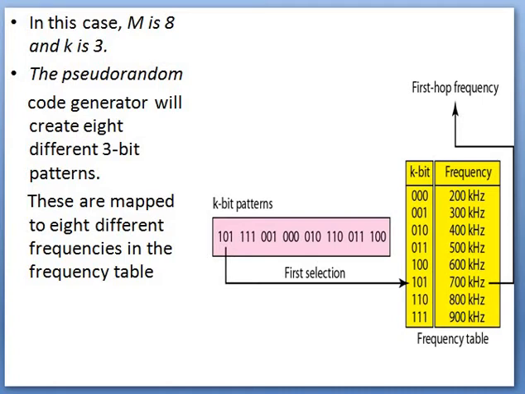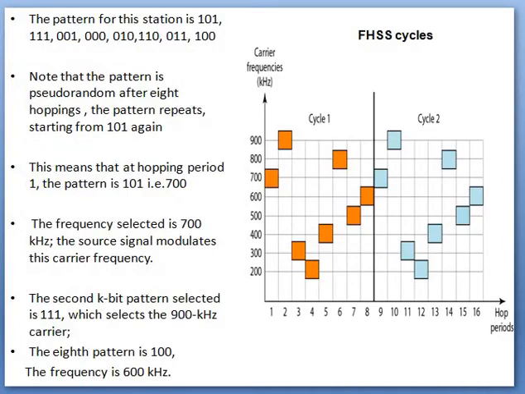For the 101 pattern, the frequency selection is 700. Therefore, the source signal modulates this carrier frequency as shown here. For frequency hopping period 1, 700 is chosen. The second k-bit pattern selected is 111, which selects the 900 kilohertz carrier.